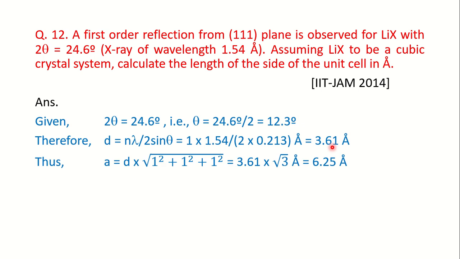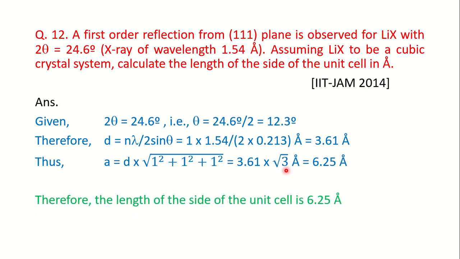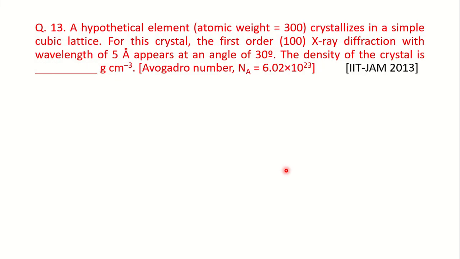Therefore, the edge length a must be d into root over h squared plus k squared plus l squared, that is 1 squared, 1 squared, 1 squared, that is root 3. So 3.61 into root 3 angstrom, that is 6.25. So this is also an NTA type of question. No options are given here, so you have to just type 6.25. Okay, this is in angstrom unit. Next, question number 13.